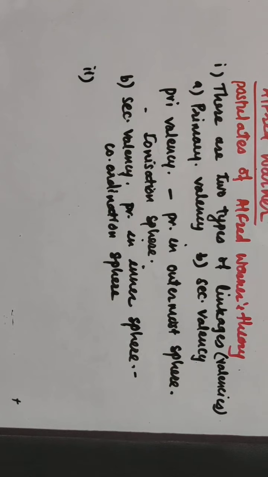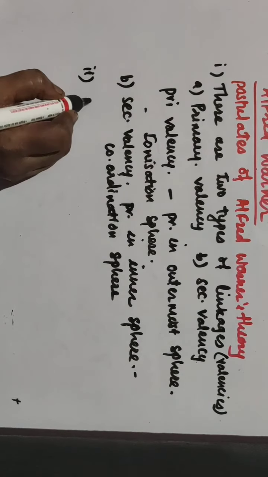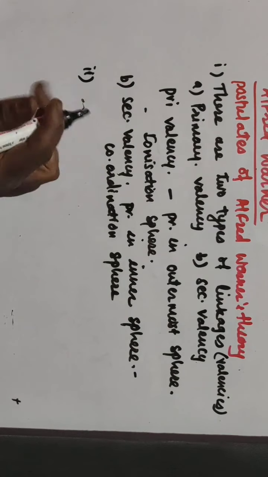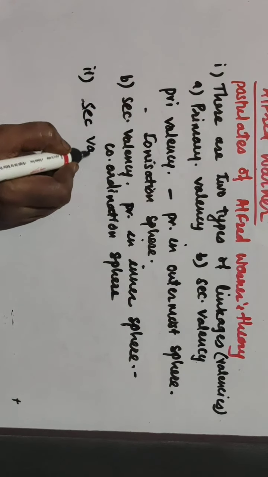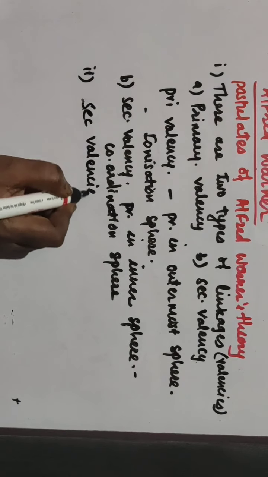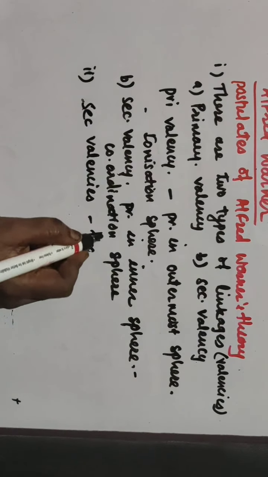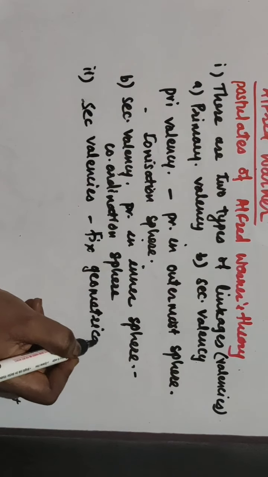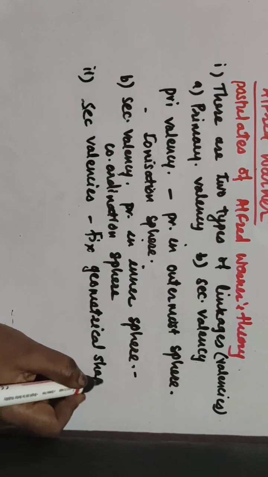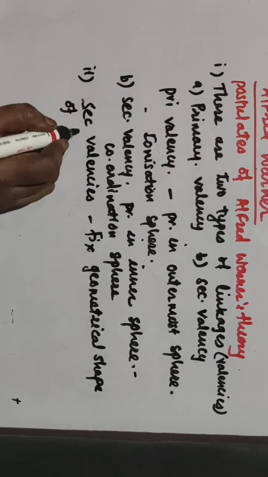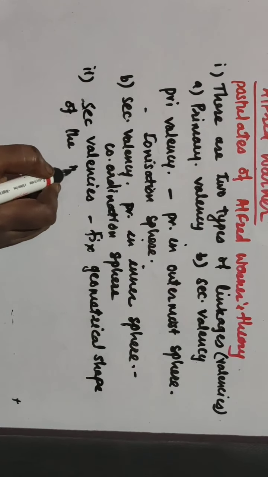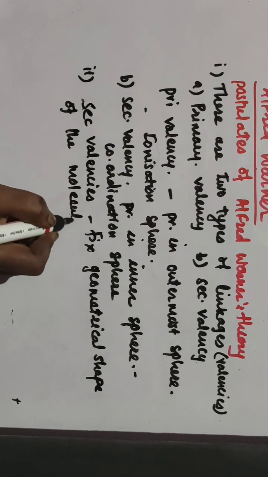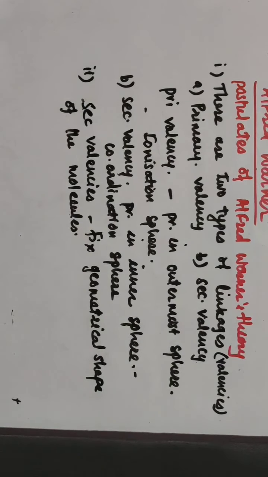So the spatial arrangement of atoms, the secondary valencies can fix the geometrical shape of the molecule.